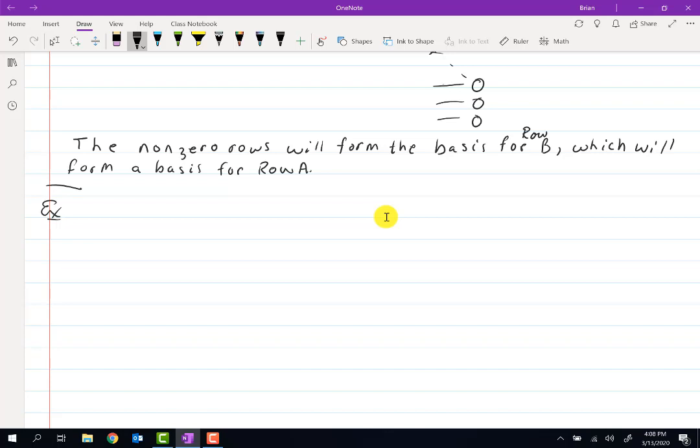And the first thing I wanted to do then is redo that first example and find the row space of the given matrix. So in our first example, what do we have?